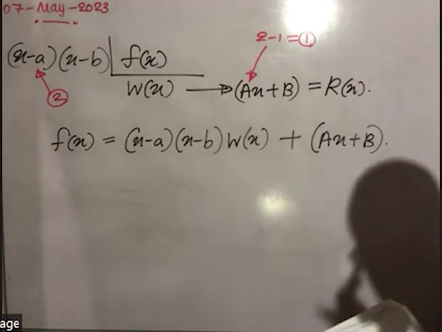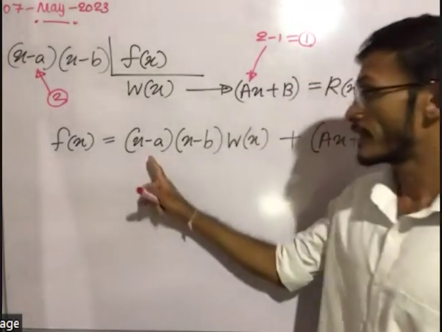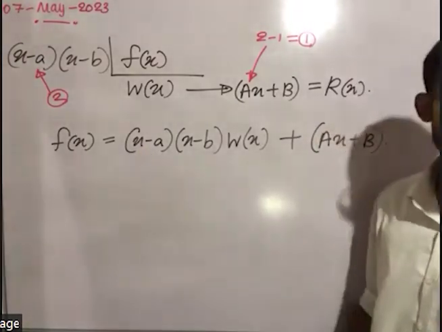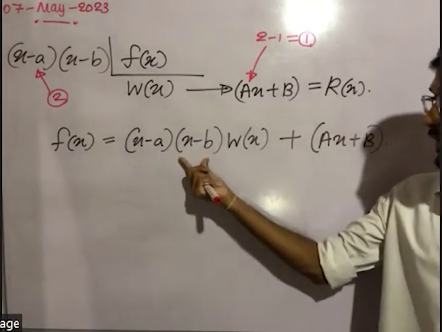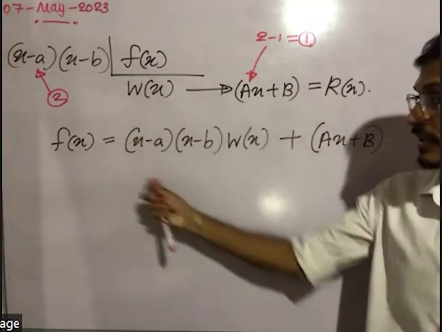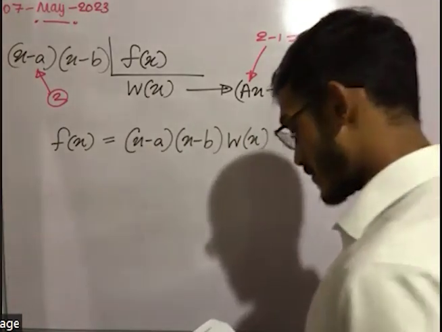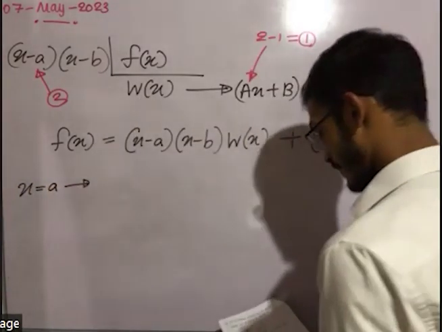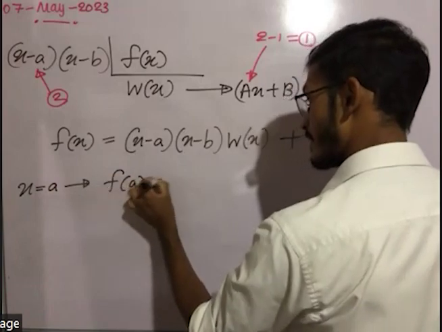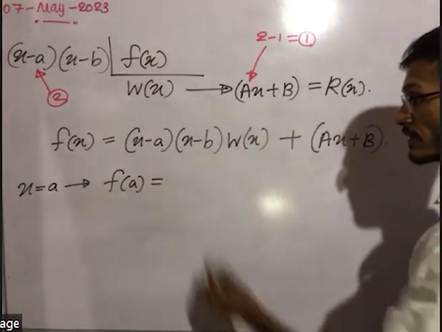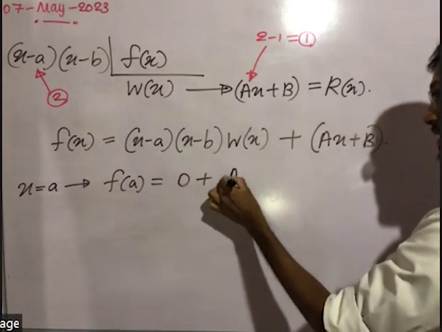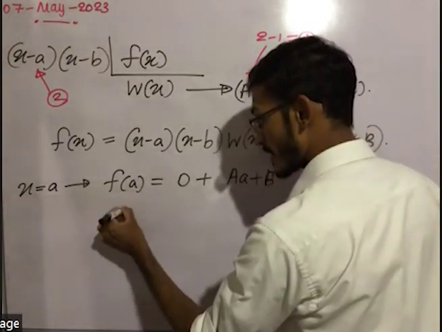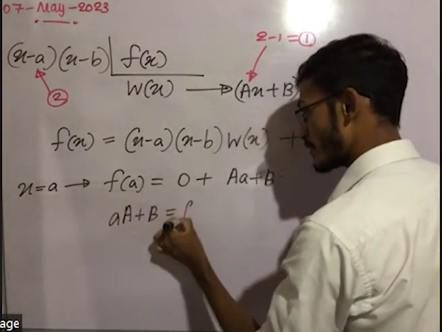Now here we have two factors. When you substitute x equal to a, this term will become 0. And also if you substitute x equal to b, then this term will also equal 0. So first I will take x equal to small a. When x equal to a, this part will become 0 plus small a into capital A plus B. So I can write capital A times a plus B equal to f(a).